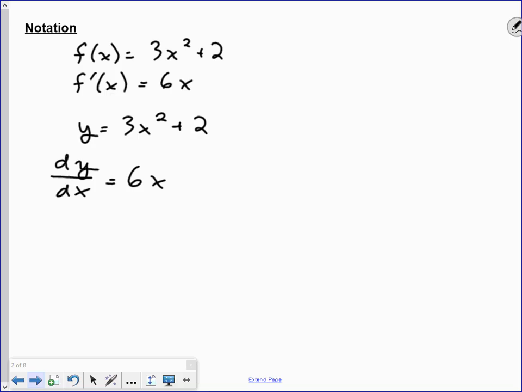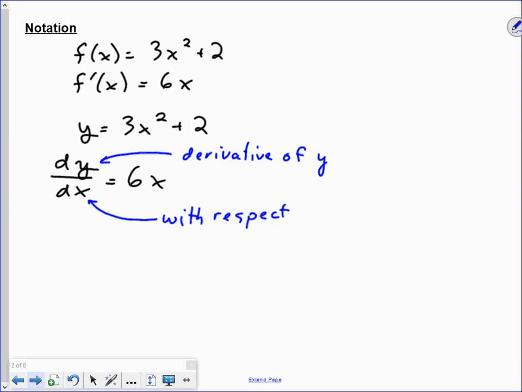And the dy/dx, the numerator means take the derivative of y and the denominator, the dx, means with respect to x. So the derivative of y with respect to x. Now, most of the functions that we deal with in this course, we don't have to specify that we want the derivative with respect to x because our variable is always x.